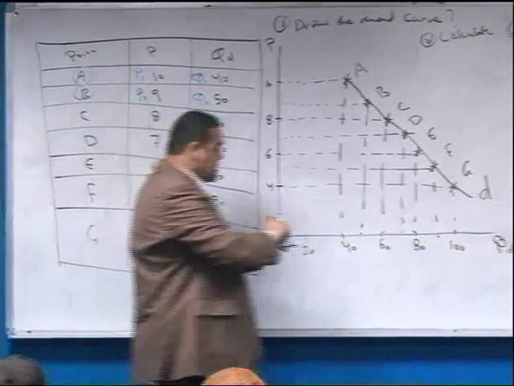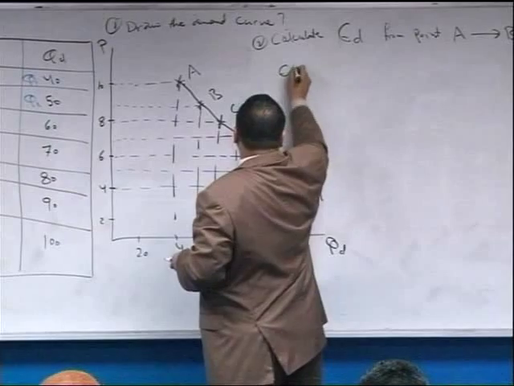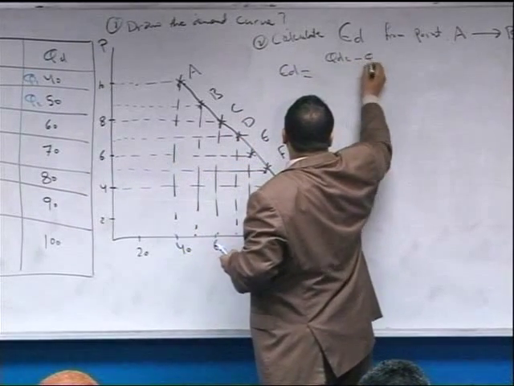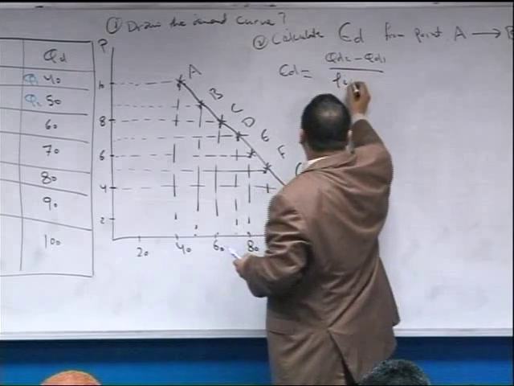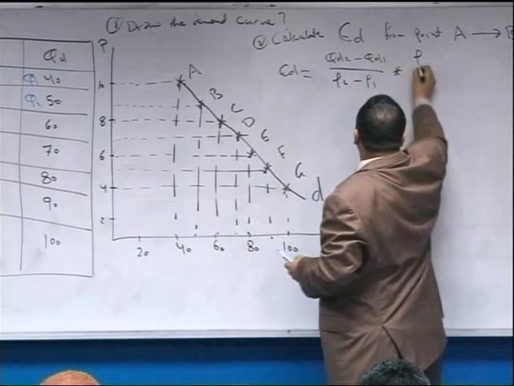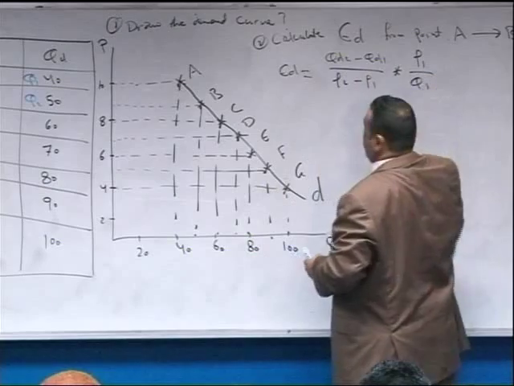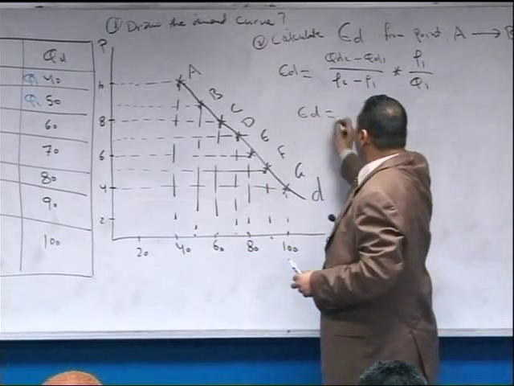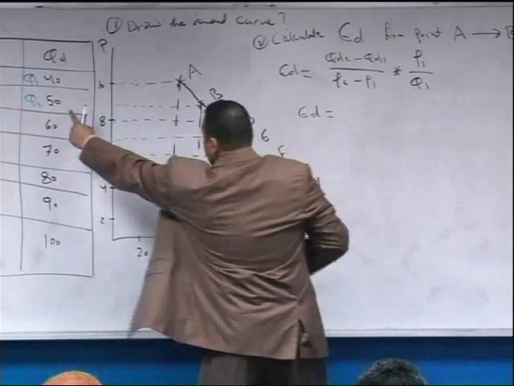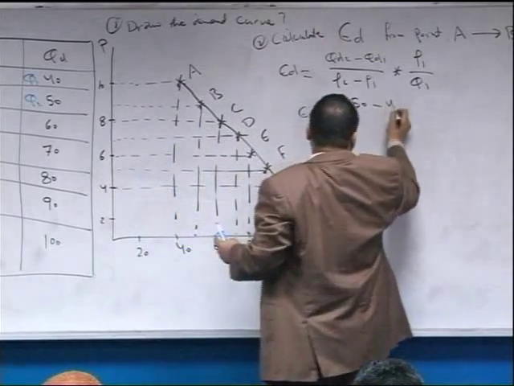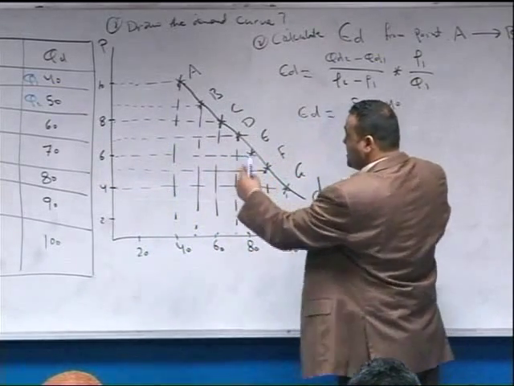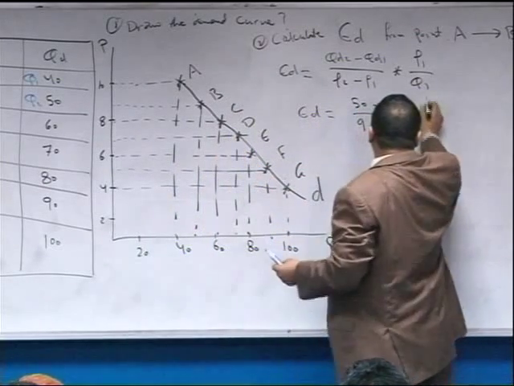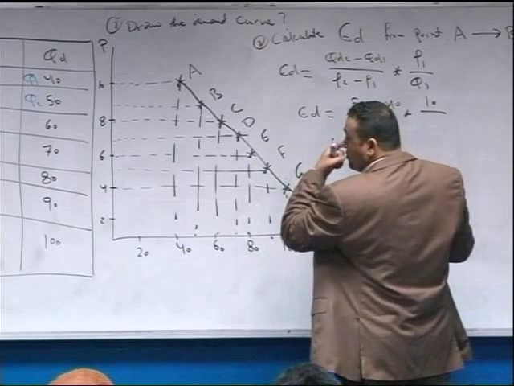So the price elasticity of demand, ED, equals (QD2 minus QD1) over (P2 minus P1) times P1 over QD1. So ED equals (50 minus 40) over (9 minus 10) times 10 over 40.